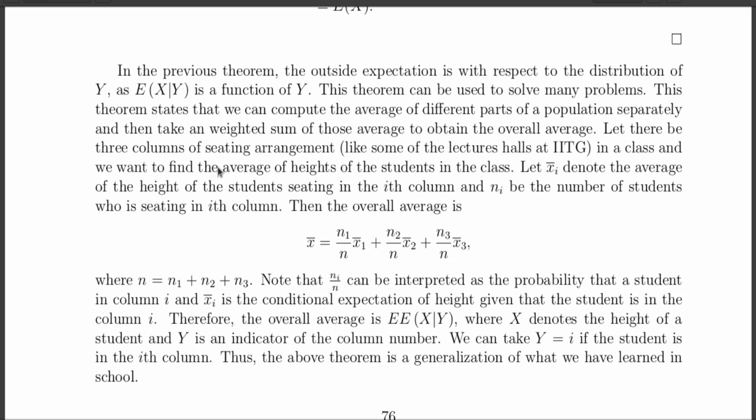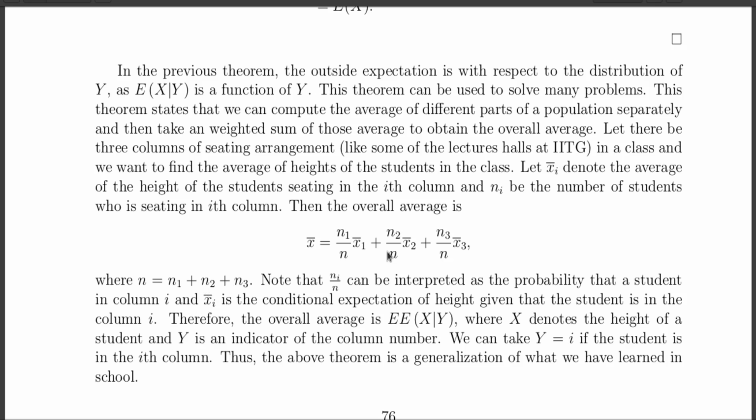In this case, using school level mathematics, you know that if I try to find the overall average, which is x bar, it is n1 times x1 bar plus n2 times x2 bar plus n3 times x3 bar, divided by n, right? That we know from school level mathematics.